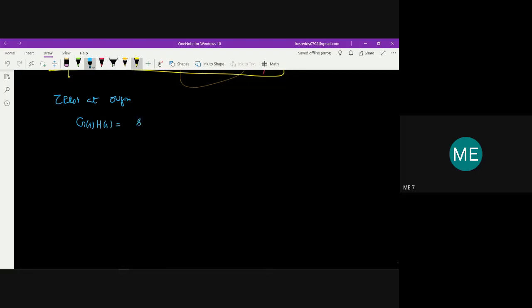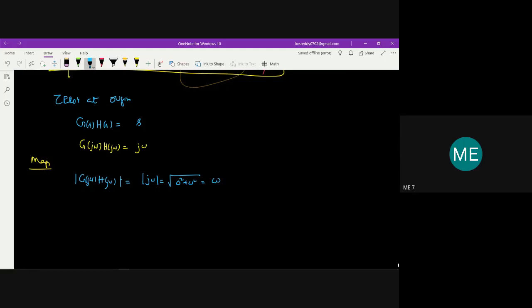Then replace s by j omega, so I'm going to get g of j omega h of j omega, which is equal to j omega. Then find the magnitude. Mod of g of j omega h of j omega is equal to mod of j omega, which can be written as 0 plus j omega, that is root of 0 square plus omega square, which is equal to omega.